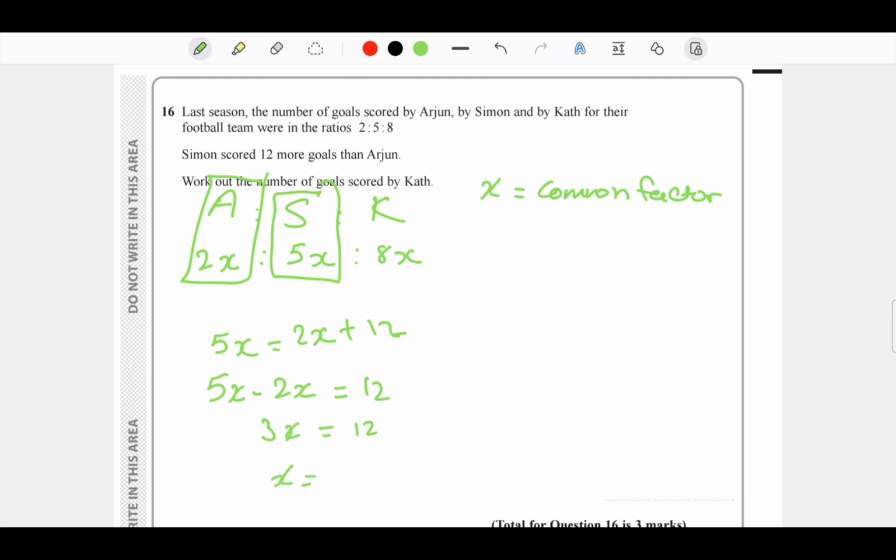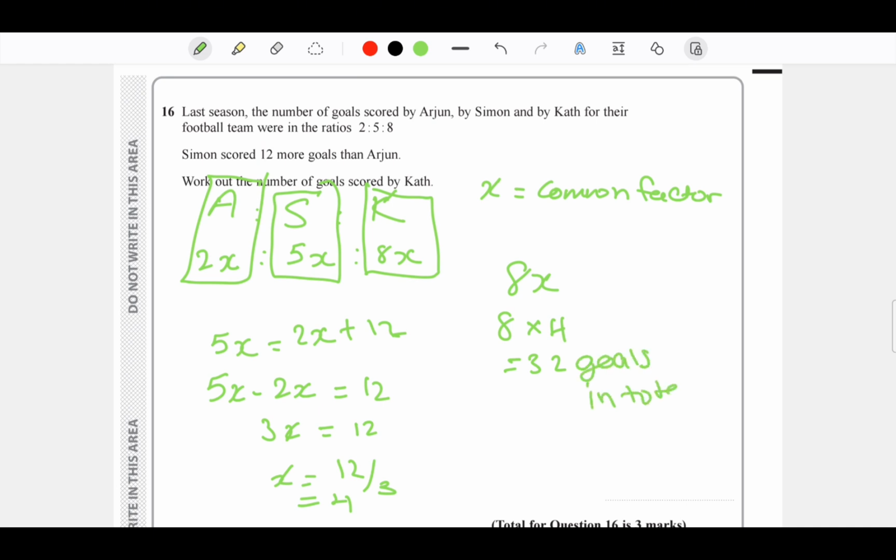Alright, so x will be 12 over 3, which is 4. And when x is 4, we can find out what is Kat's goal, which is 8x. 8 times 4, 32 goals in total. Right, so we just write 32 over here.